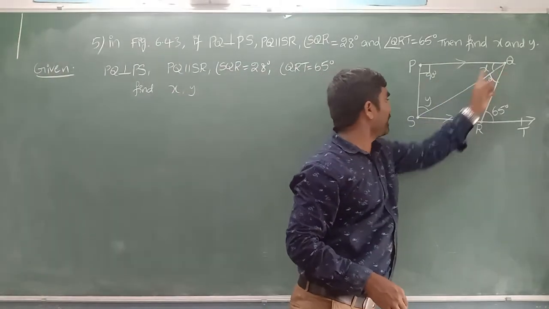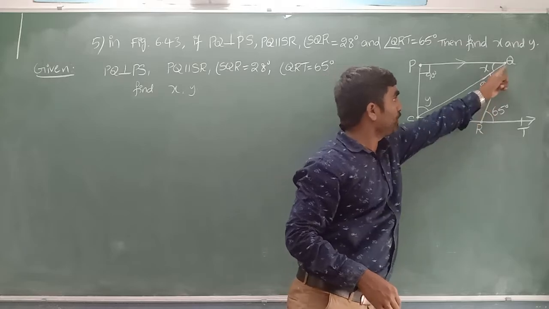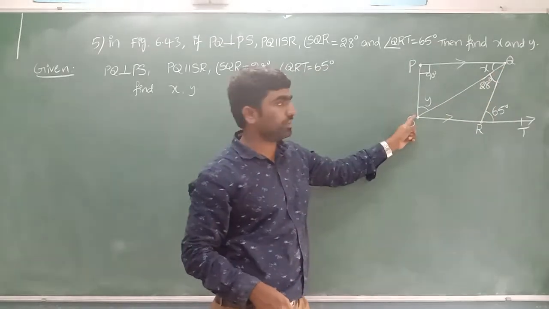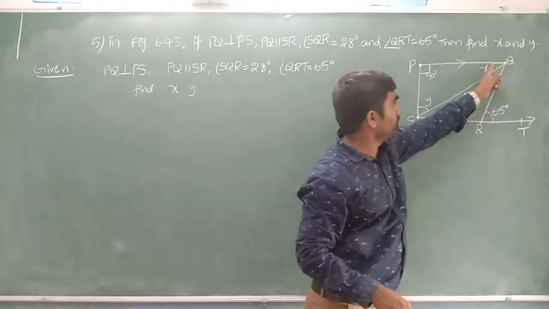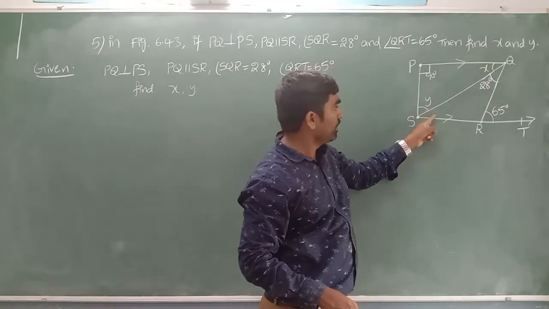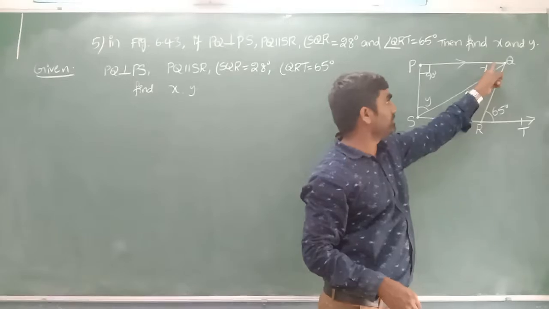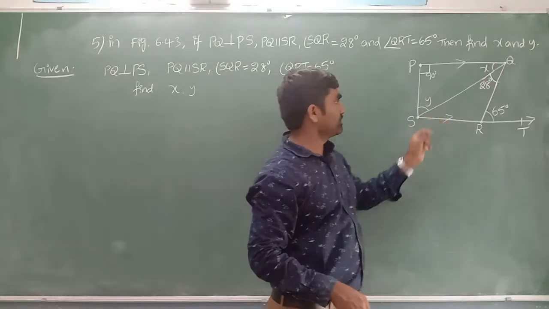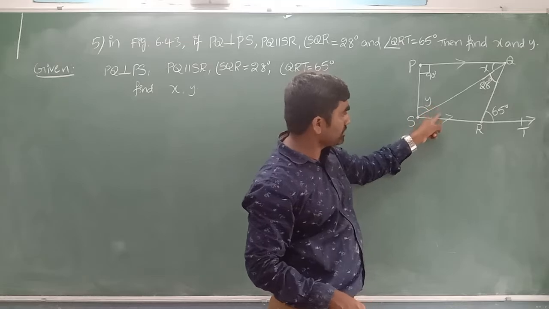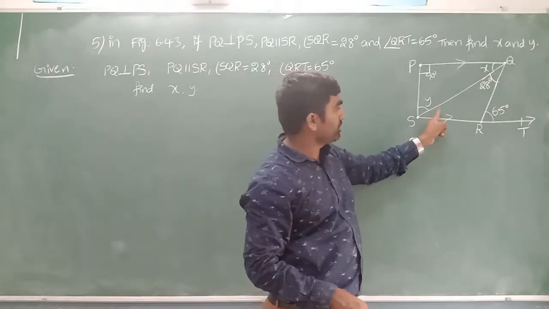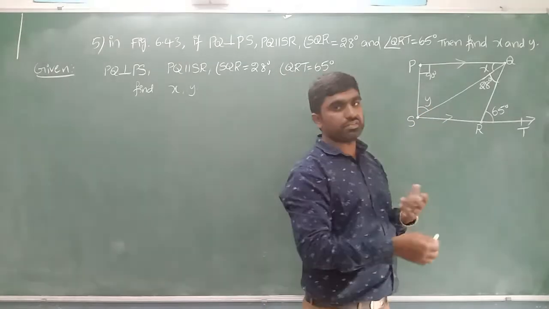How can we find x? As PQ is parallel to SR, QS is called a transversal. Then these two angles are alternate interior angles, so we get x here also. After getting x, we can find the x value in many ways.